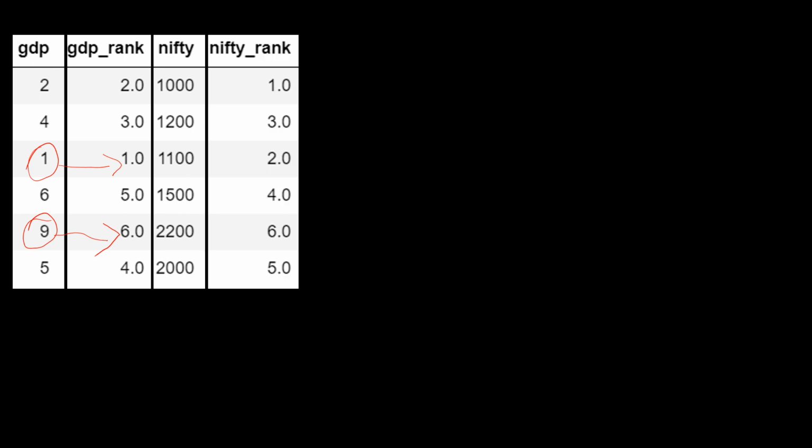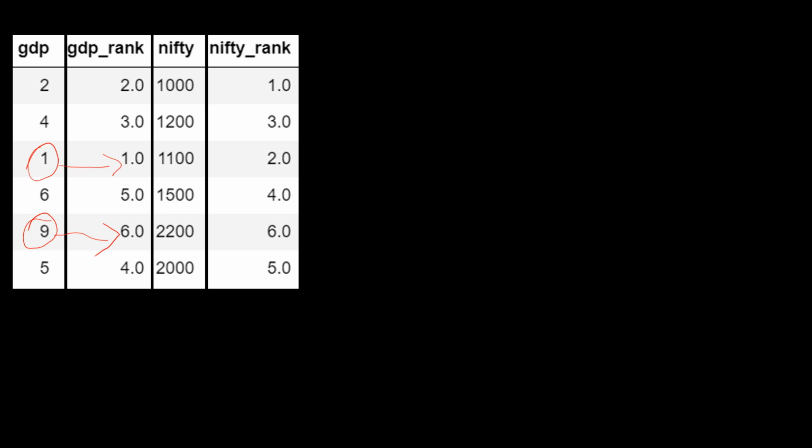It can be either way, but make sure whatever you apply on the first variable, the same thing is applied on the second variable as well. So here I'm assigning rank number 1 to the lowest value. Same thing I will do in Nifty as well. If I do the ranking for Nifty, this is what I get.